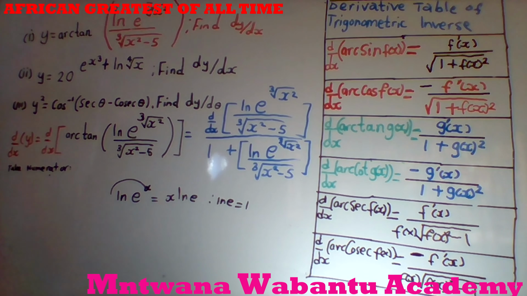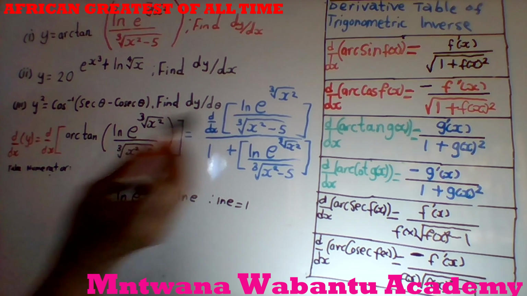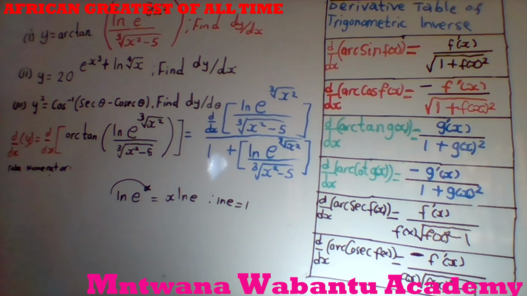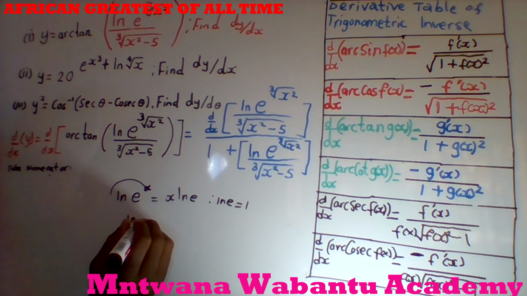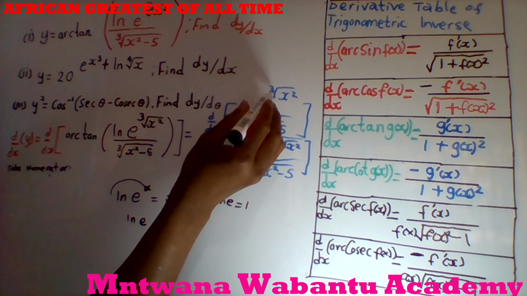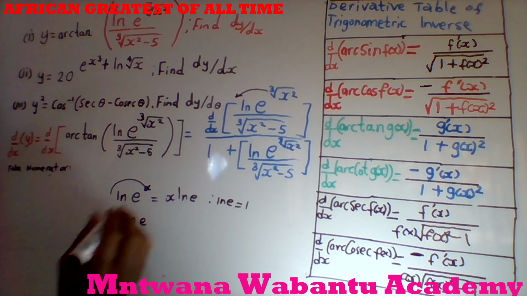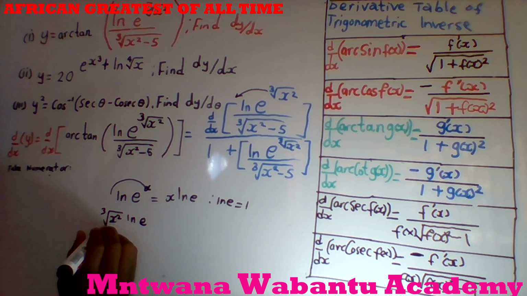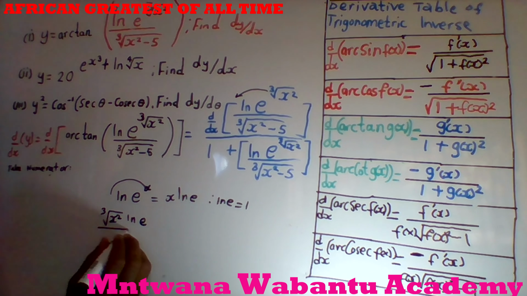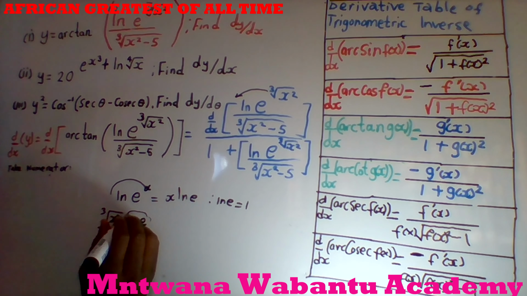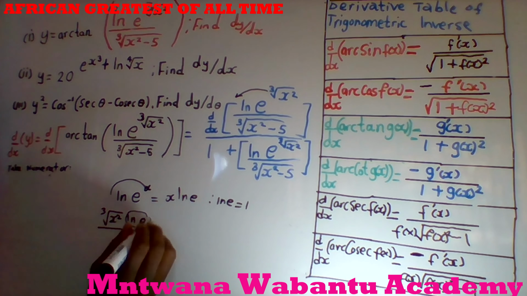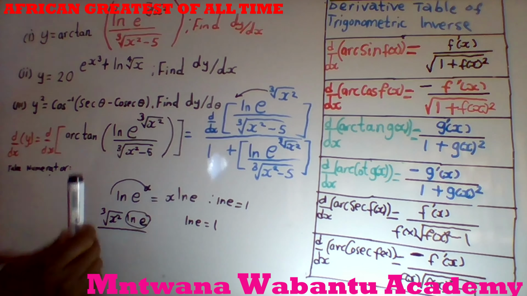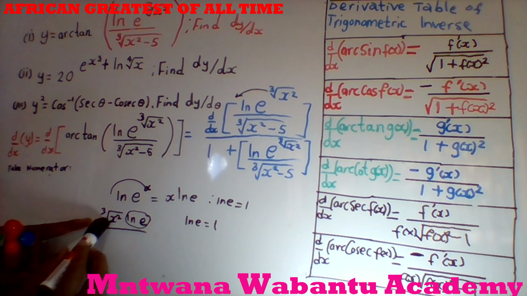So I'm going to write this part here: this stuff is going to go in front of ln e, which is going to be x squared to the power 3. And since ln of e equals 1, this part is going to be 1, so on top we're only left with x cubed squared.